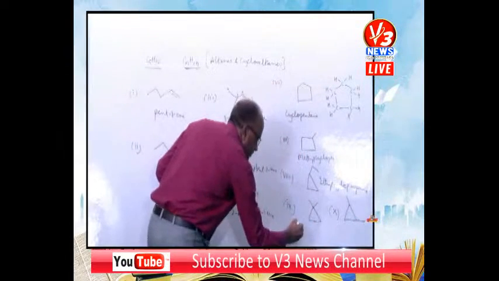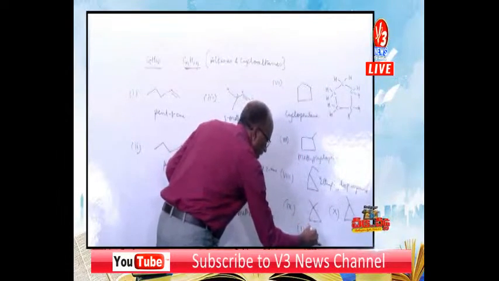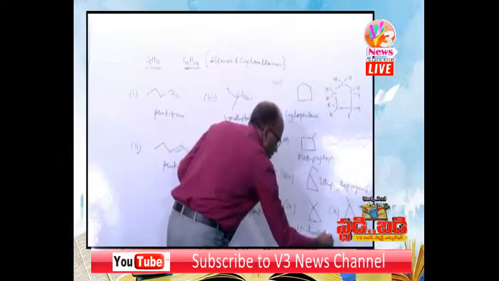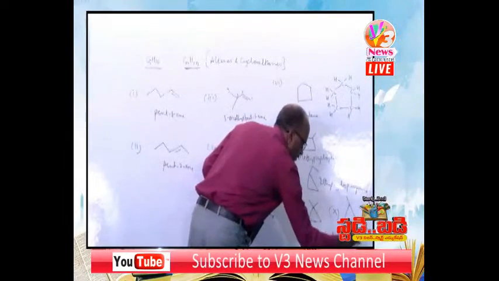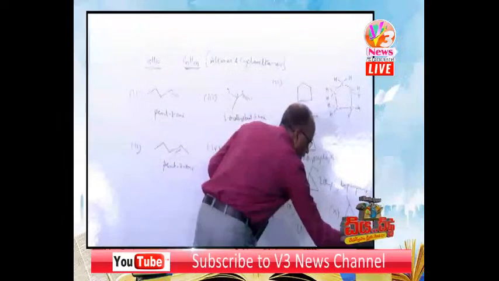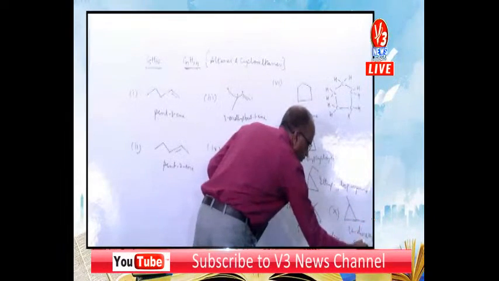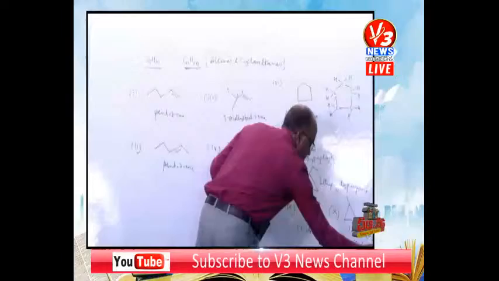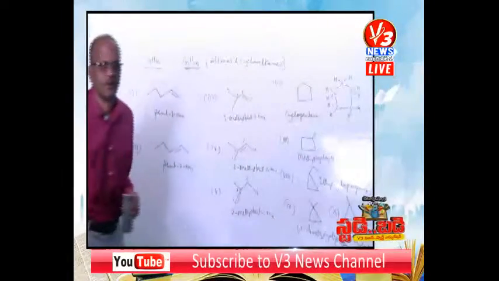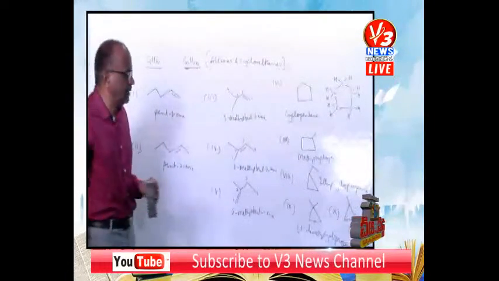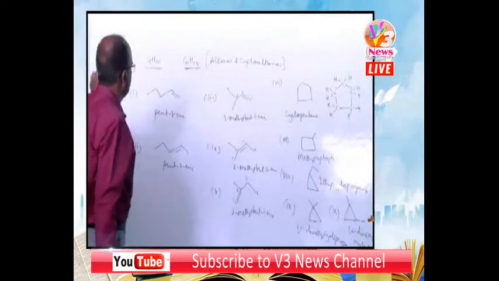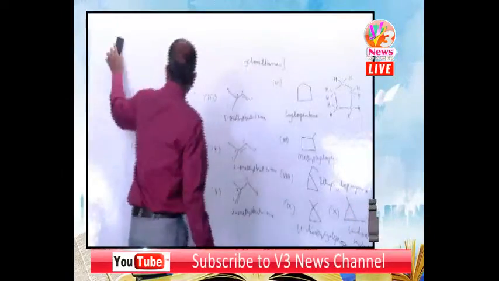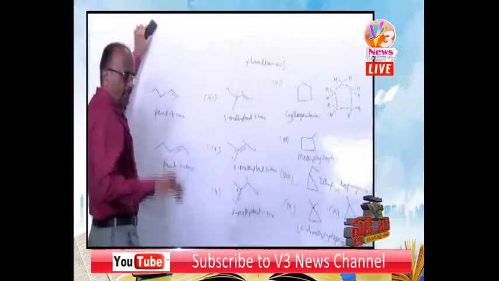And this is 1,1-dimethylcyclopropane, and this is 1,2-dimethylcyclopropane. Okay, is it clear? So with this you can write 10 structural isomers. Now we will take another example.